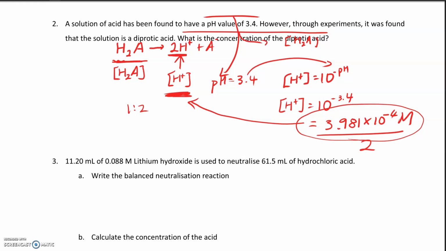So when we do this calculation, we should end up with 1.99 times 10 to the power of negative 4 molar. And this is the concentration of our diprotic acid.